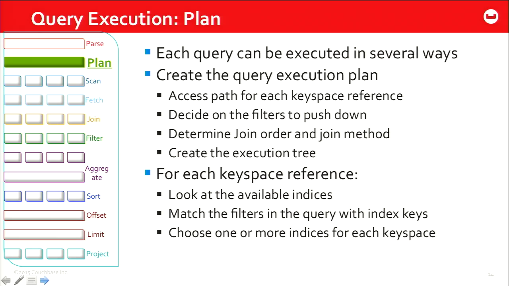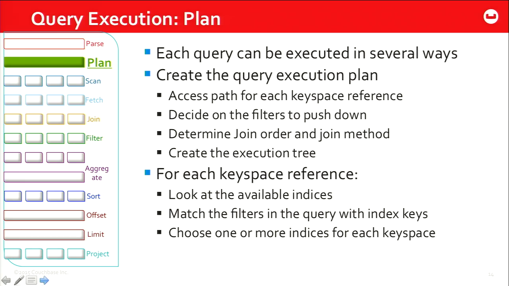So for each key space reference, when I say bucket reference, that means the key space, we decide the access path, whether we are doing a primary index scan, secondary index scan, or a key scan. Then we decide which filters to push down, and which filters we have to retain and apply after the documents are retrieved.